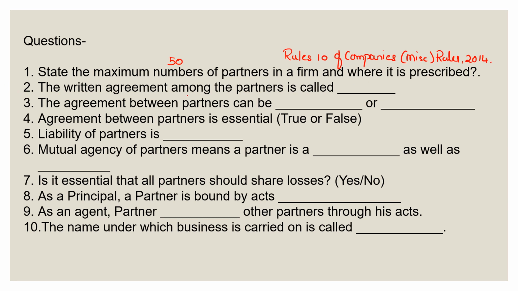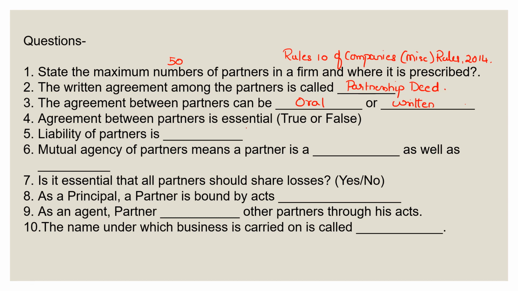Second, the written agreement amongst the partners is called the partnership deed. The agreement between partners can be dash or dash. It can be oral or it might be written.